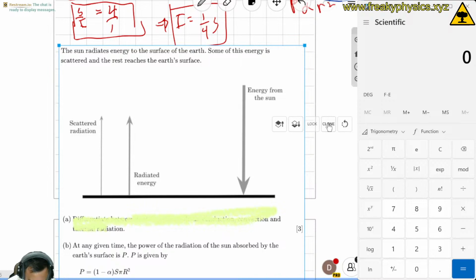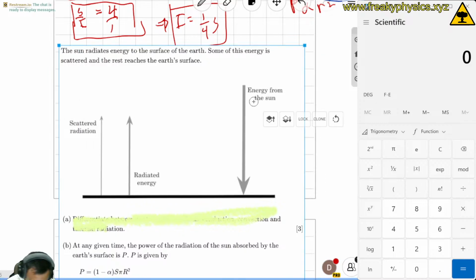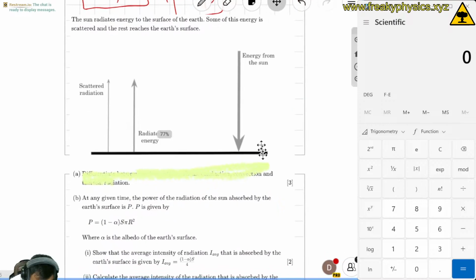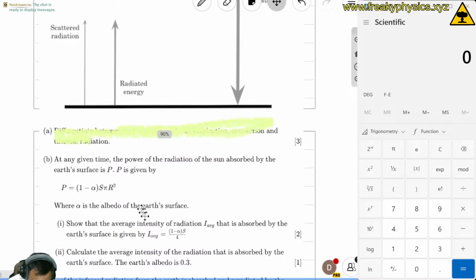Okay, let's look at that. First of all, what does it say here? The power of the radiation absorbed by the Earth's planet is P, and it's given here. This is a given equation. Show that the average intensity of the radiation that is absorbed by the planet is given by this.